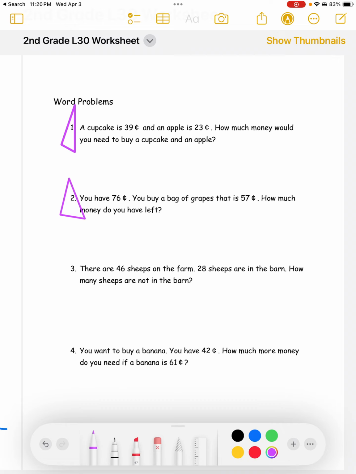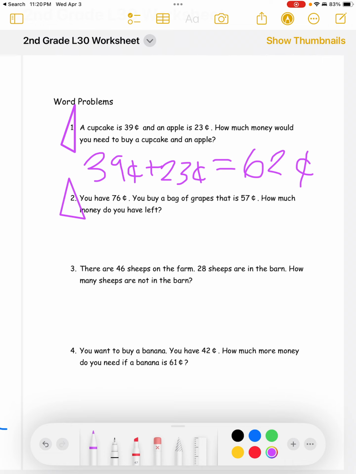How much money would you need to buy a cupcake and an apple? So we need to add 39 cents plus 23 cents. And 39 cents plus 23 cents equals 62 cents.